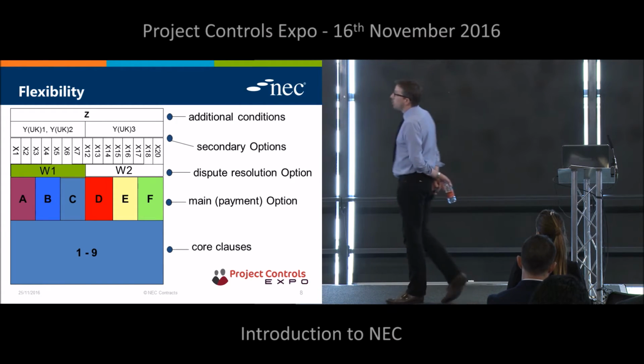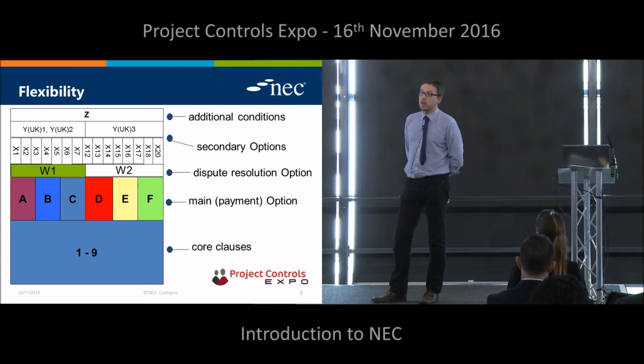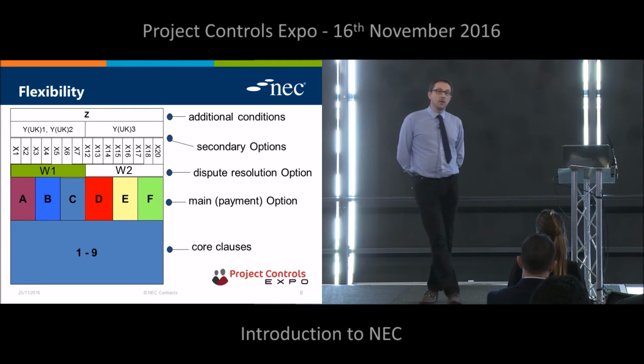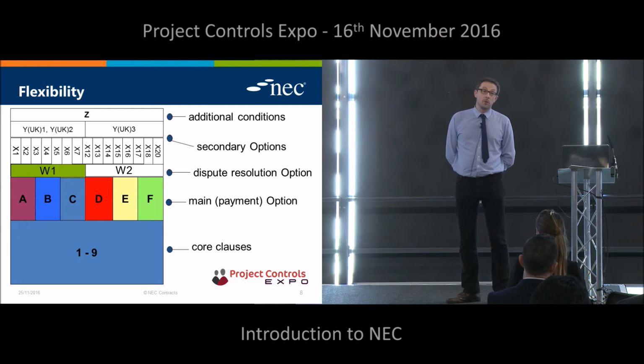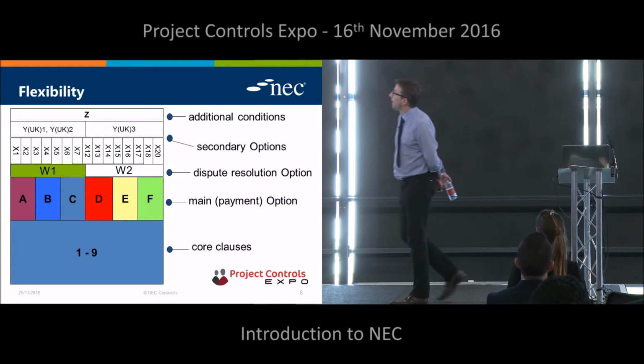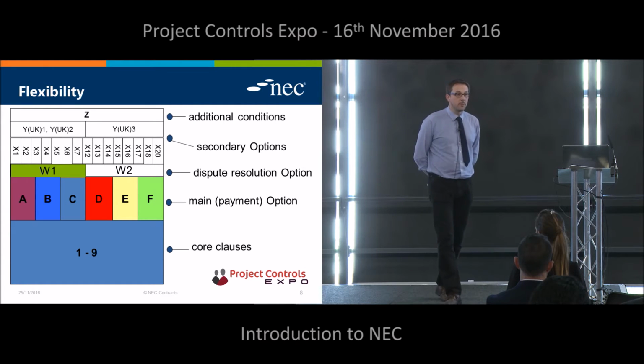So if you're using the works contract, you've got 6 choices in terms of the payment mechanism, A through F. If you're using the consultant contract, you've got 4 choices in terms of payment options. You choose one main option, which supplements the core clauses in terms of how the payment mechanism works and how the financial risk is allocated between the parties.